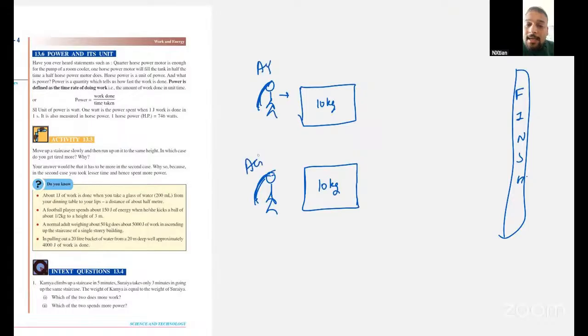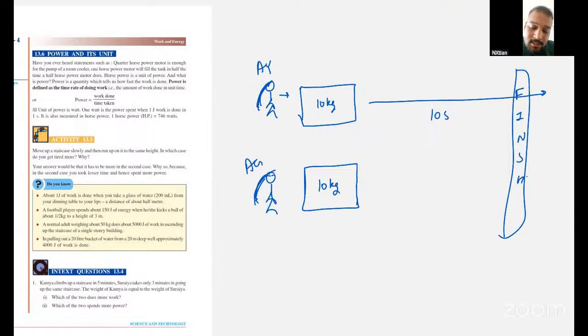Now Ira, when she pushes the box, completes the finish line in 10 seconds. Not to make it complicated, what I'm trying to say is that she completes pushing the 10 kg box in 10 seconds.